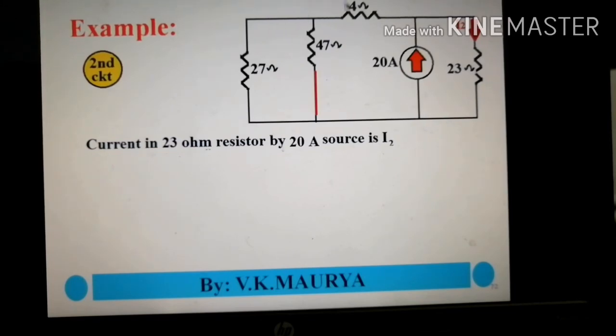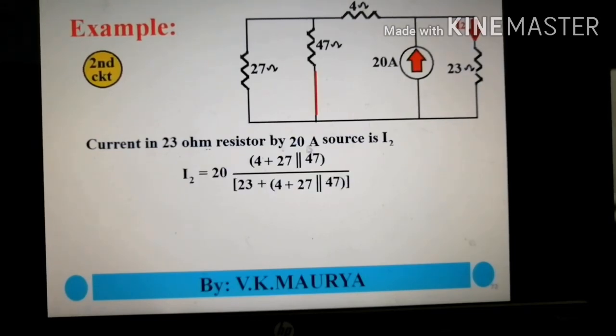Here the value of the current source is 20 ampere and the current passing through the 23 ohm is I2. I2 is given by this formula. It is nothing but current division rule. See, 27 and 47, these two are connected in parallel, and this parallel combination is in series with 4, right?